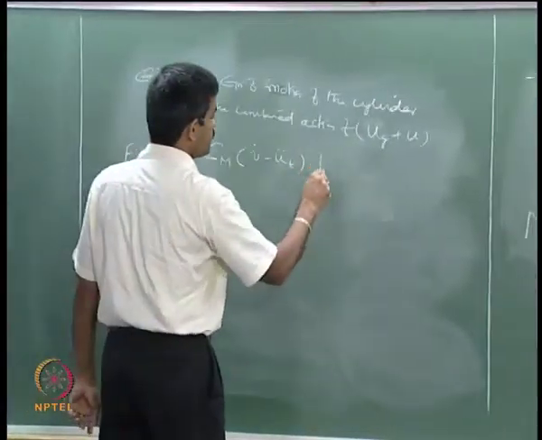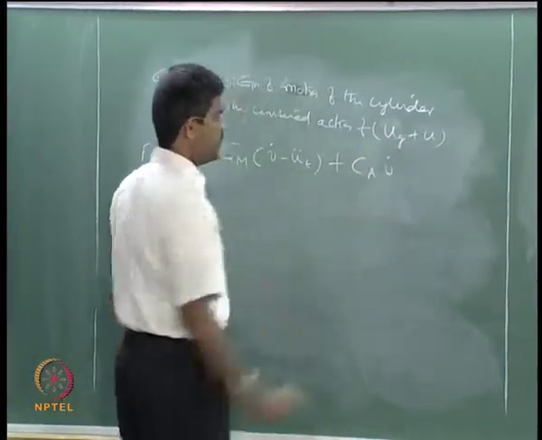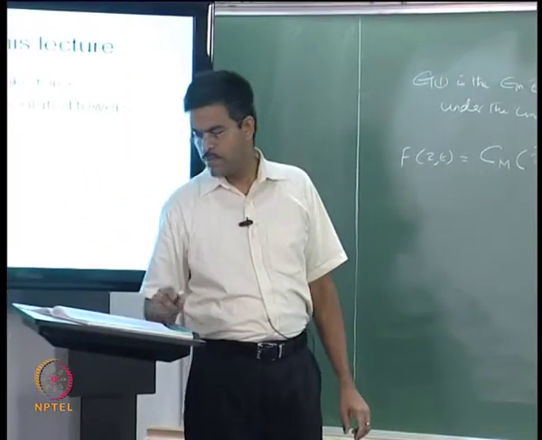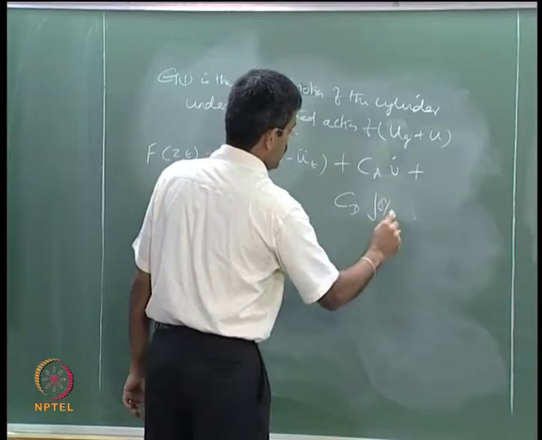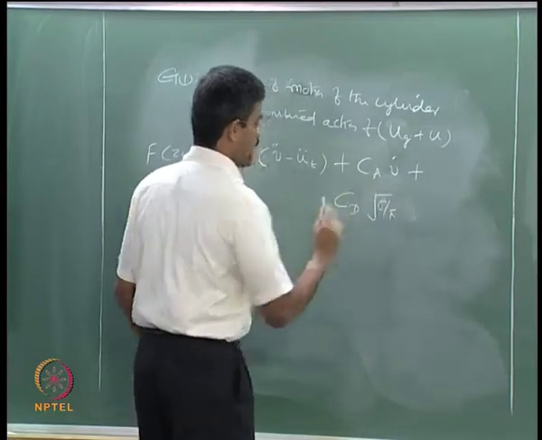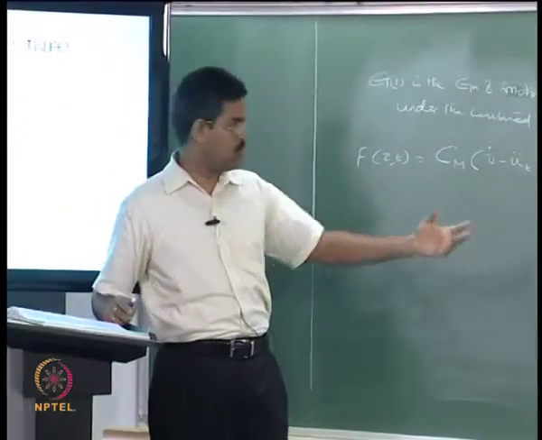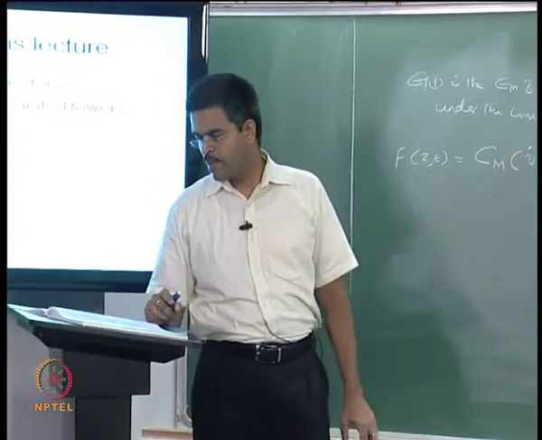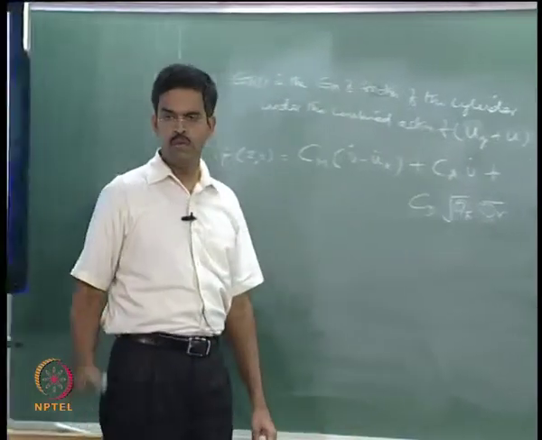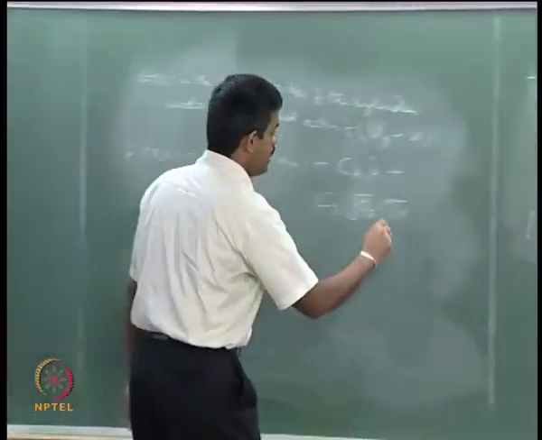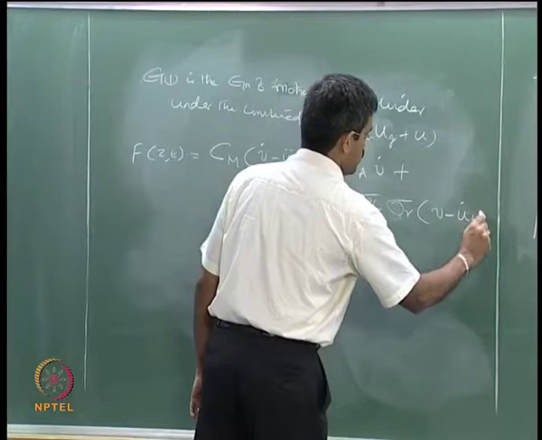Plus Ca v dot plus Cd root 8 by pi. I am looking for a linear drag on a slender cylinder, I am talking about a slender cylinder here, sigma r statistical property, v minus u dot. Okay.